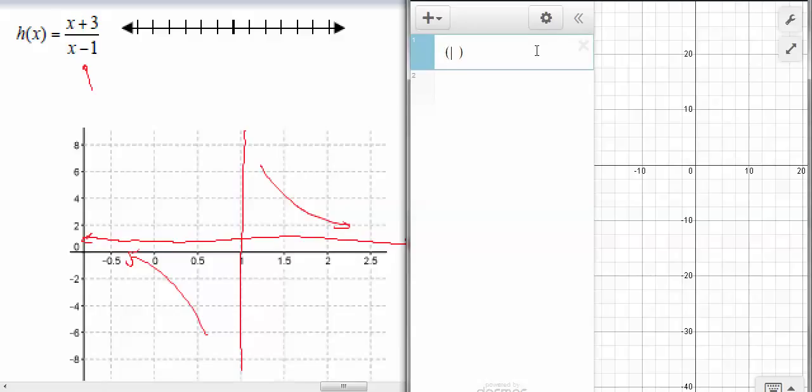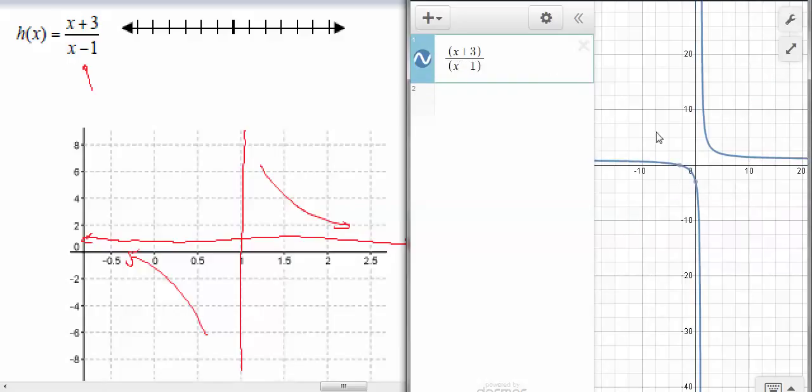x plus 3. Oh, x plus 3. x plus 3 divided by x minus 1. Ah, there we go. See? You see, it happened exactly the way I thought it would.